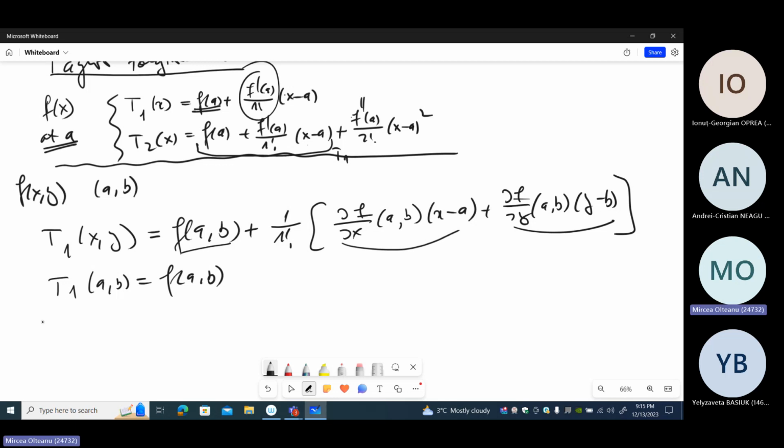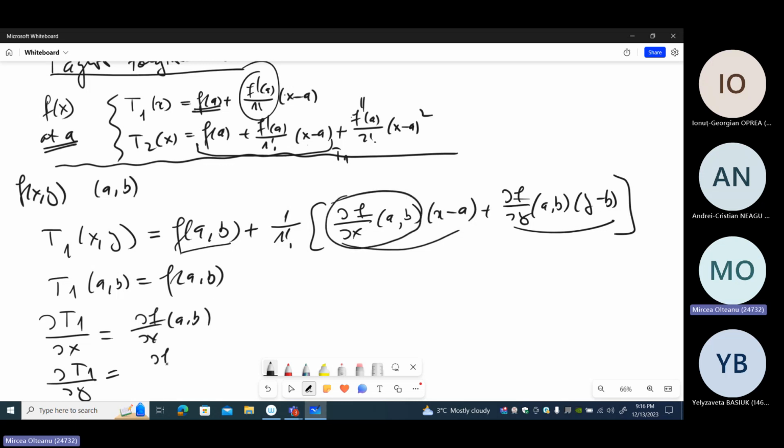Also, if we compute the partial derivatives with respect to x and with respect to y of this polynomial, we shall see that they are constant, ∂f over ∂x at (a, b), because if you differentiate here with respect to x, you'll get only this number. The same for y. So the Taylor polynomial of first order has the following properties. It is equal to the function f at the point (a, b), and so are its partial derivatives.